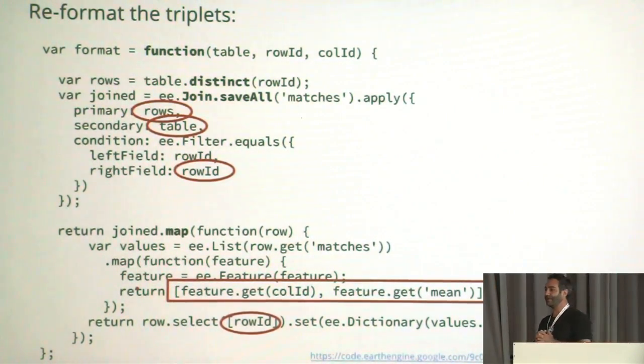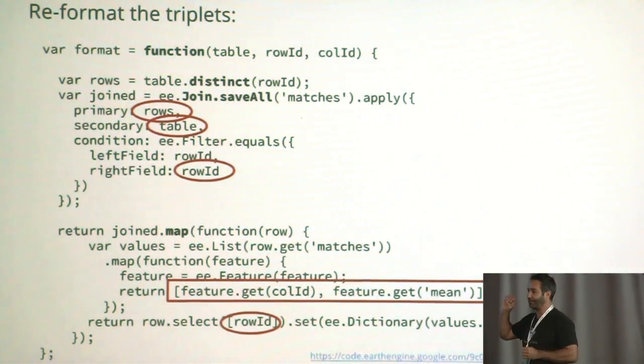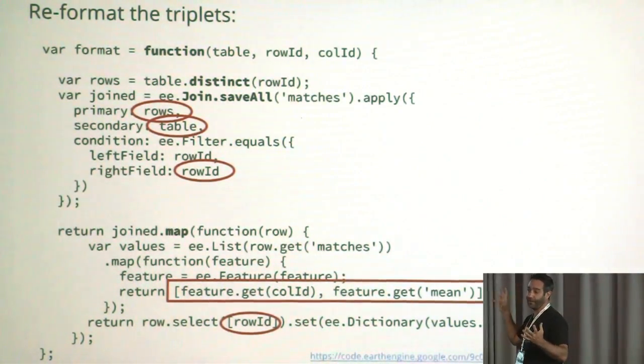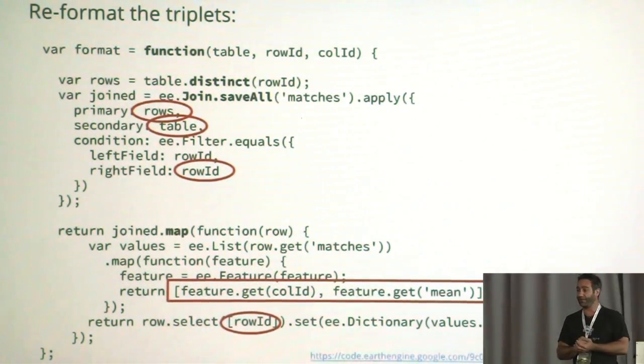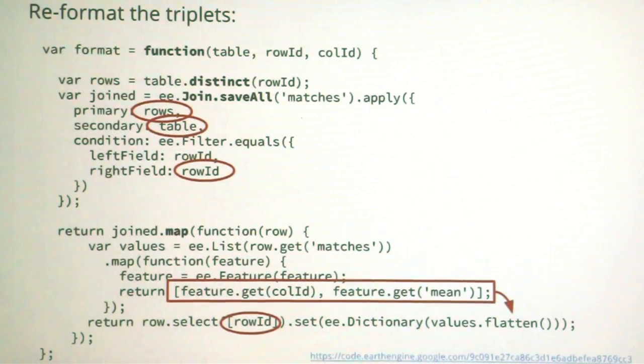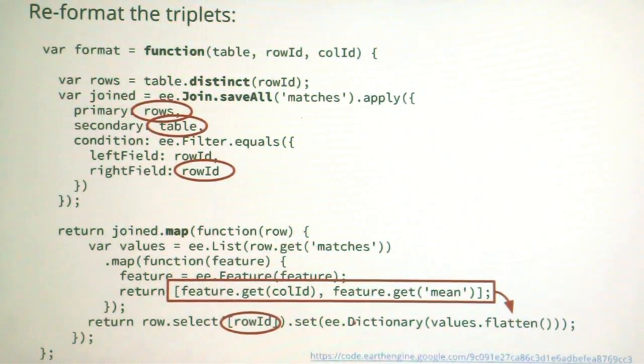So you've probably seen this before where you say feature.set, and the argument to that set is a dictionary, curly brackets with one or more key-value pairs in there. And so this is a quick way to take the row ID and set this dictionary of properties that corresponds to the column ID and the reducer output.